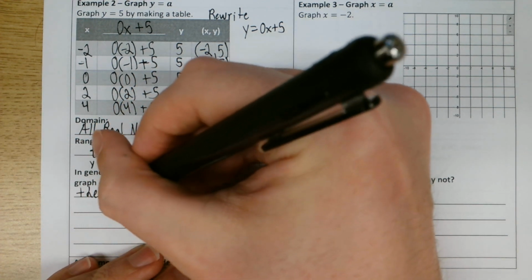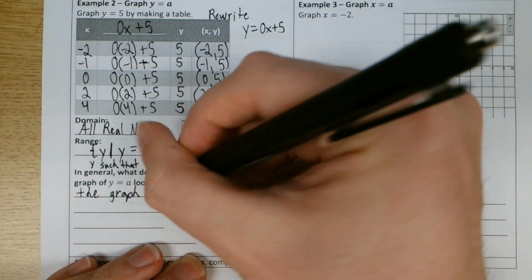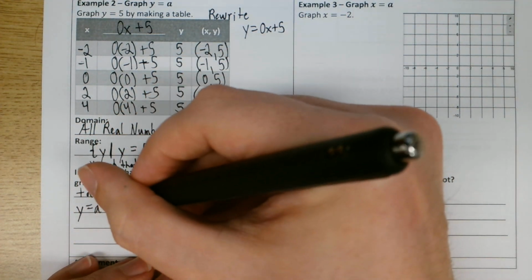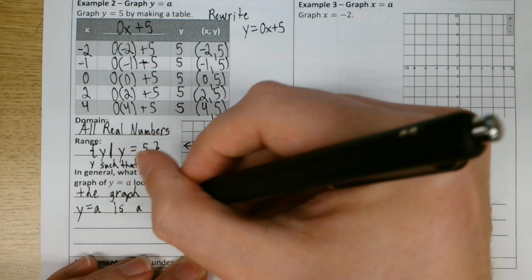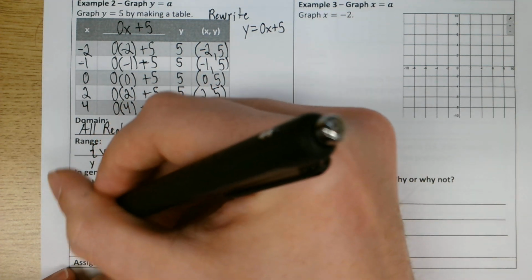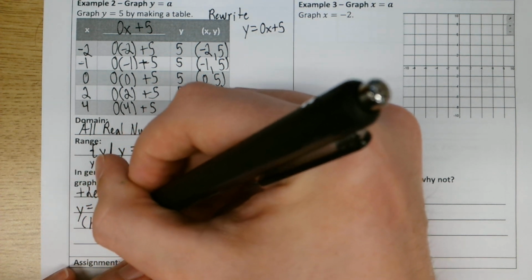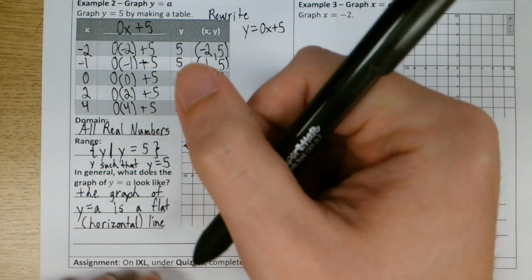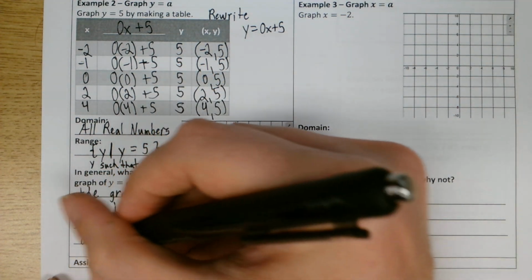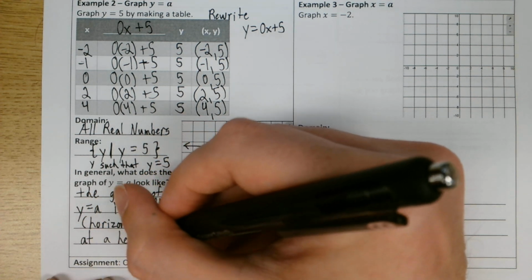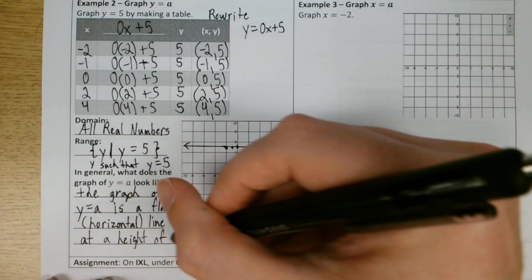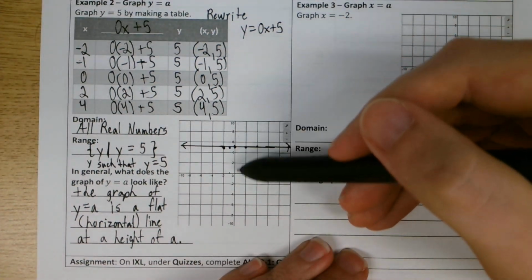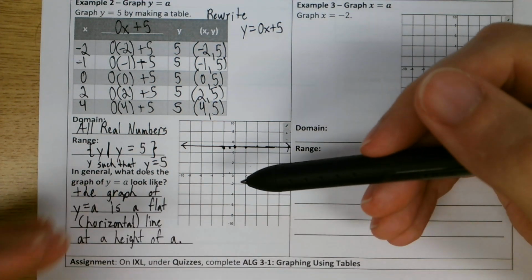The graph of y equals a is a flat, horizontal line at a height of a. You'd have to go up to some number or down to some number and just draw a flat line.